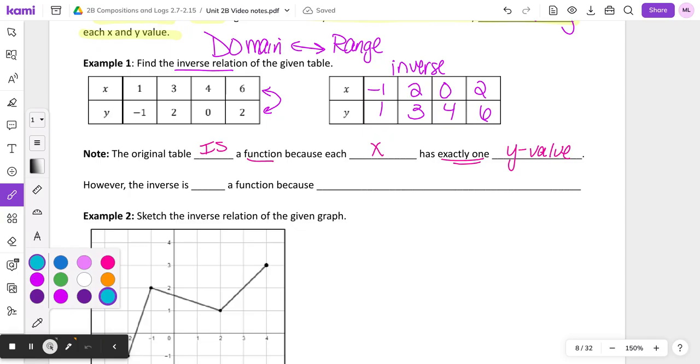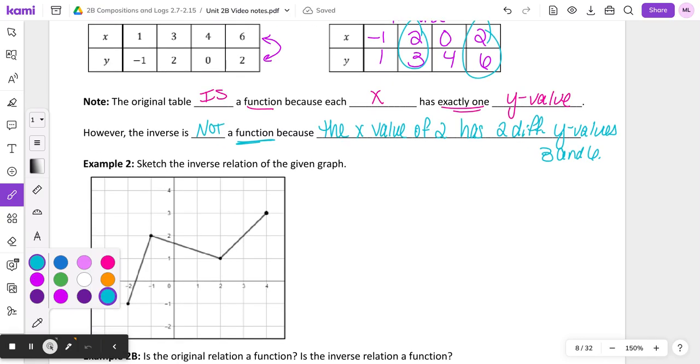Now, the inverse, however, is not a function because if you notice, the x value of 2 has two different y values, 3 and 6. So it would not make it a function. Every x has only one y value for it to be a function.